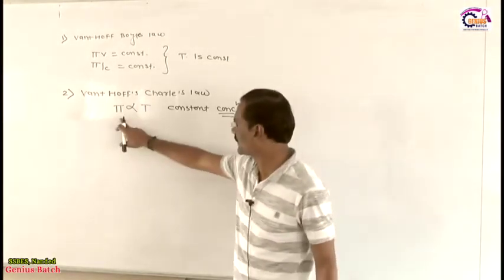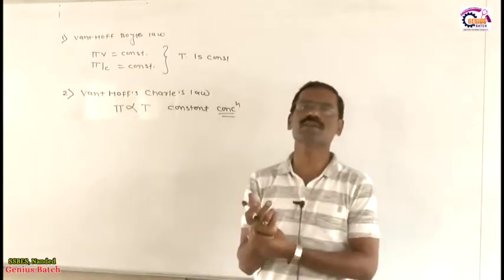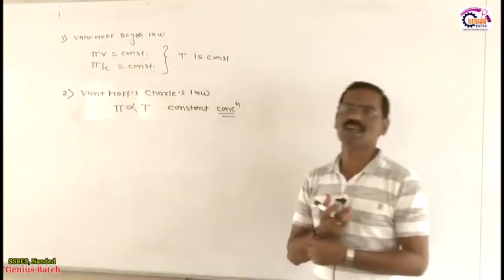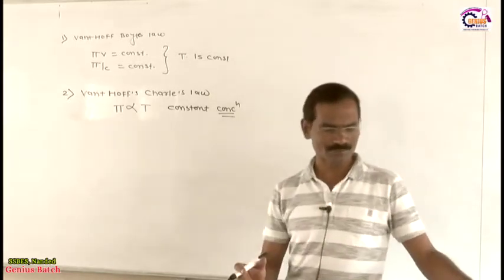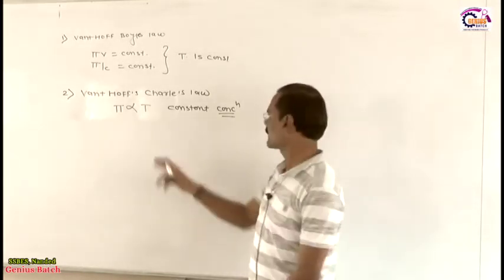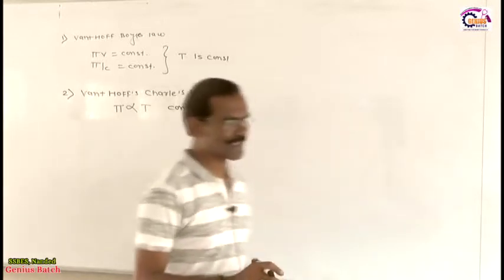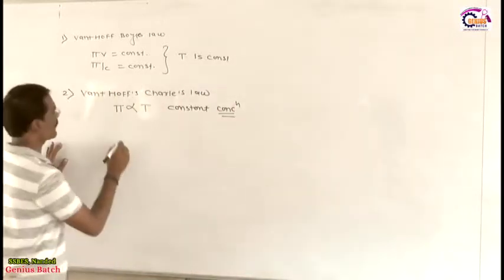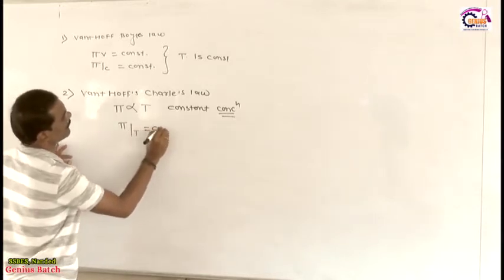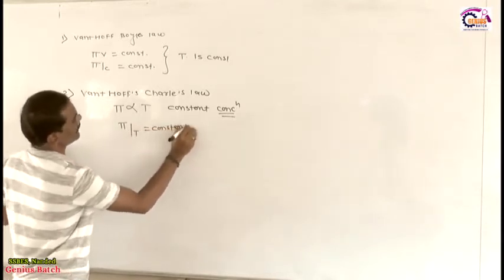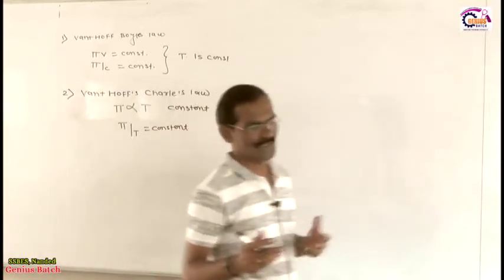This is called Van 't Hoff-Charles law. Therefore, according to Van 't Hoff-Charles law, pi is directly proportional to T, so pi by T is equal to a constant.